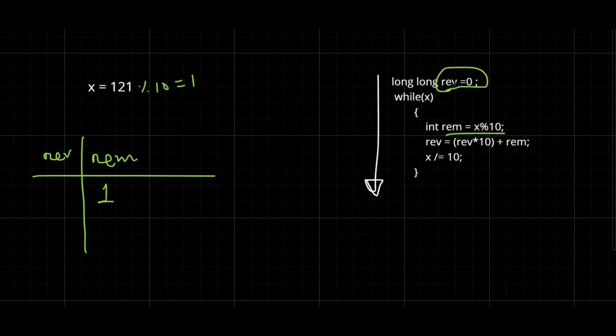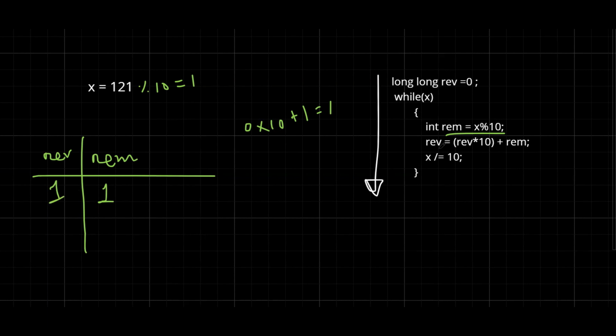So reverse will be 0 into 10 plus remainder, which is 1. So here, the reverse value will be 1. So now we are storing the reverse value 1 here.